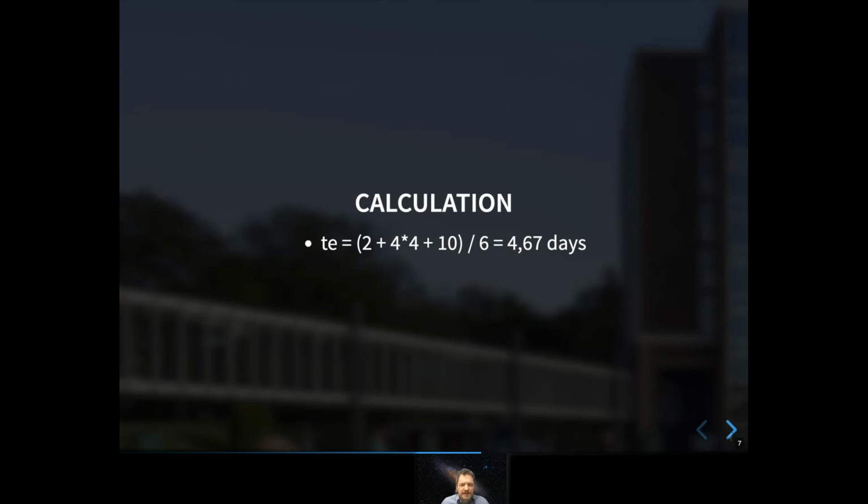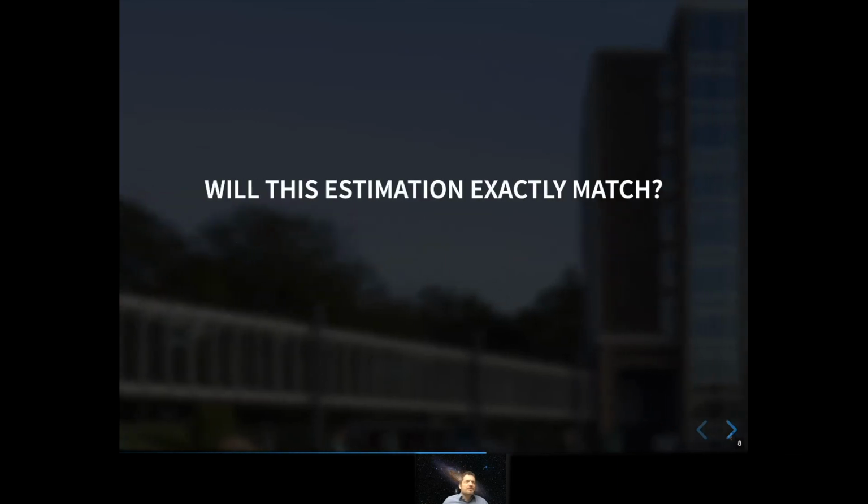If somebody asks you how long this task will take, the question is, will this estimation exactly match? You now have a better number, whatever better means, because you thought a bit more and chose a number by calculating something.